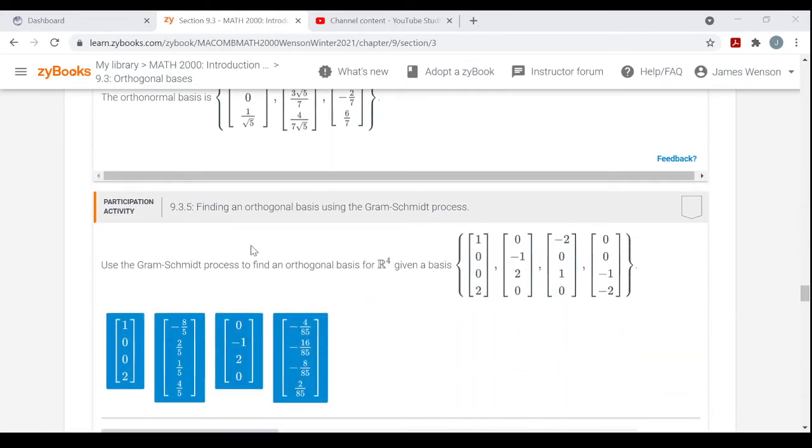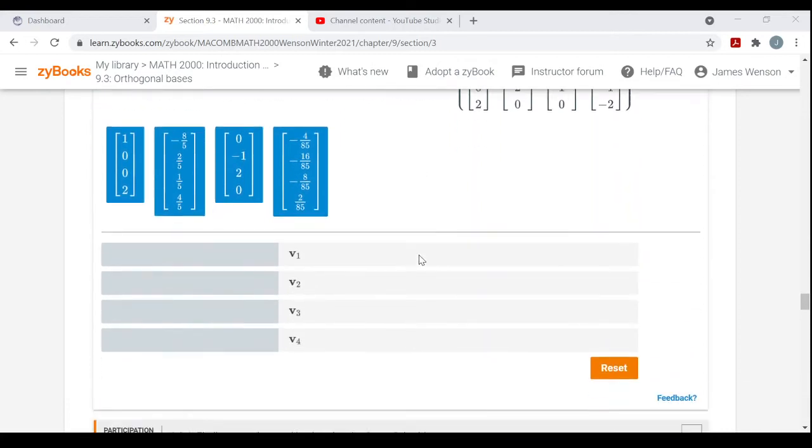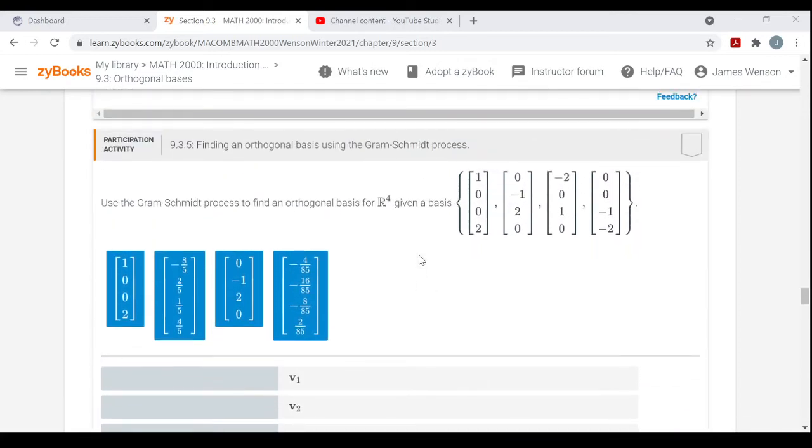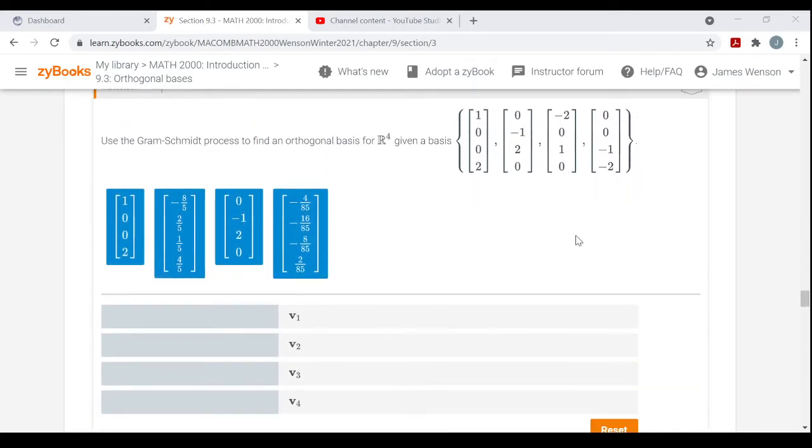All right, so I'm going to do the Gram-Schmidt process with this set of four vectors. Here I have a set of four vectors that form a basis for R4. Again, the dot product here is the inner product, since they didn't mention any particular inner product.